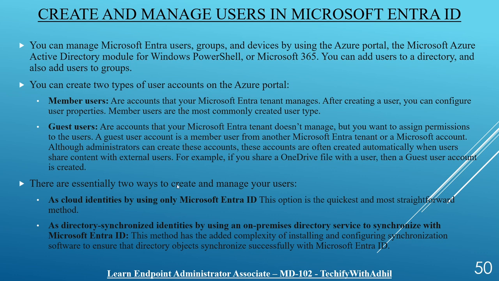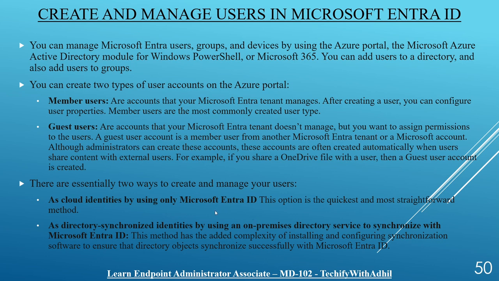There are essentially two ways to create and manage your users. The first is as cloud identities by using only Microsoft Entra ID. This option is the quickest and most straightforward method. The second is as directory synchronized identities, by using an on-premises directory service to synchronize with Microsoft Entra ID. This method has the added complexity of installing and configuring synchronization software to ensure that directory objects synchronize successfully with Microsoft Entra ID.